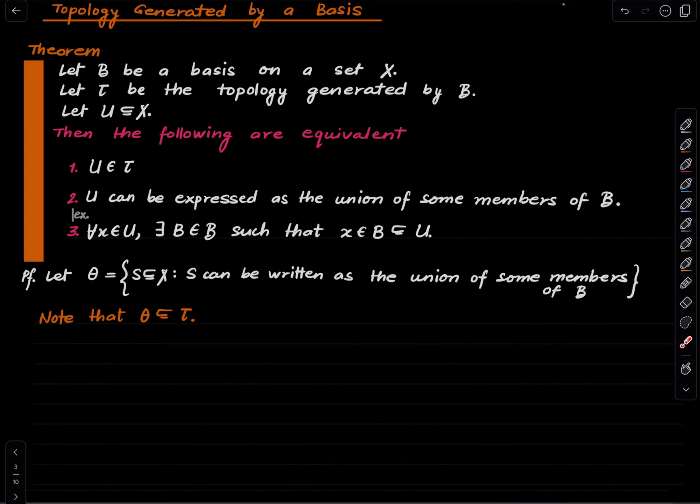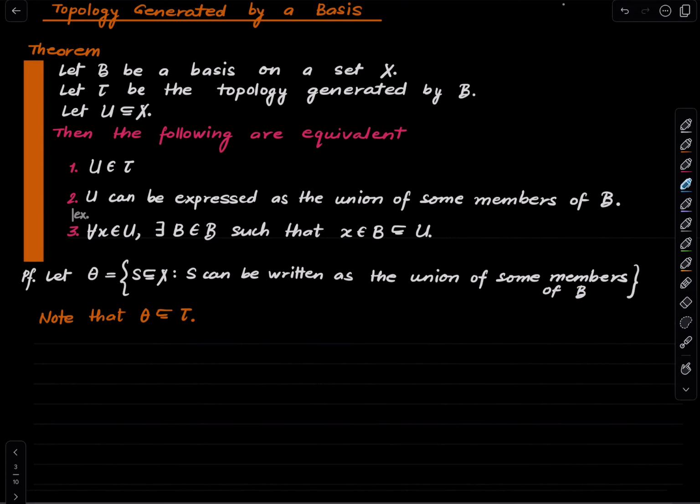So anything in theta is there in tau simply because anything in theta can be written as the union of some of the members of B, which are in particular some of the members of tau, but a union of some of the members of tau is again in tau, and therefore this containment is there.